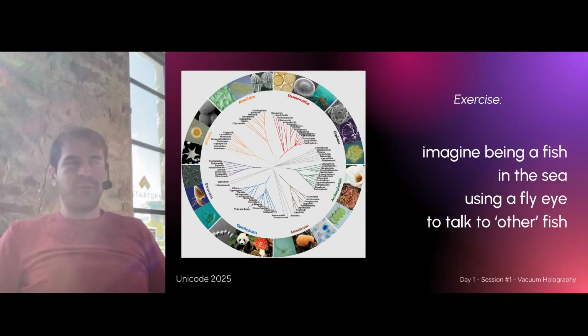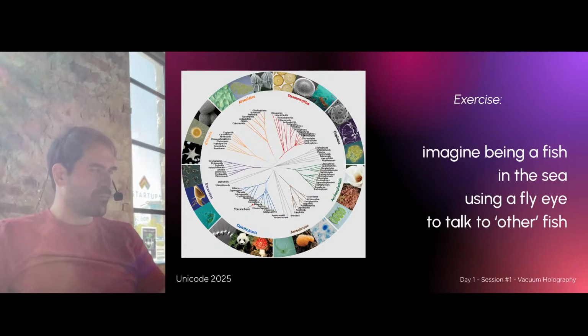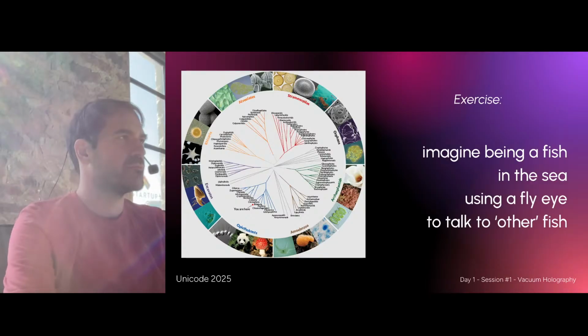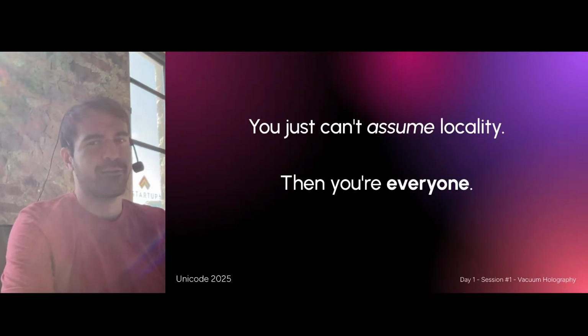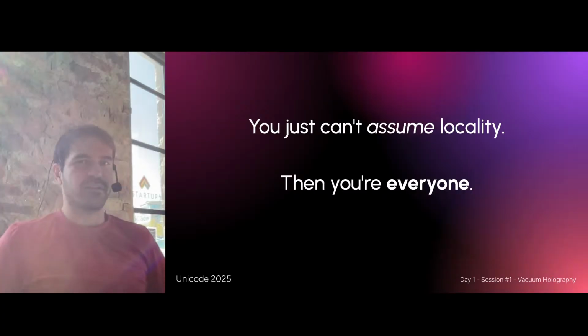That way you're never losing the clarity of the fly eye while you're being a fish, because you're always talking to yourself. It's like a toroidal field of fly eye. You just can't assume locality, then you're everyone, basically.